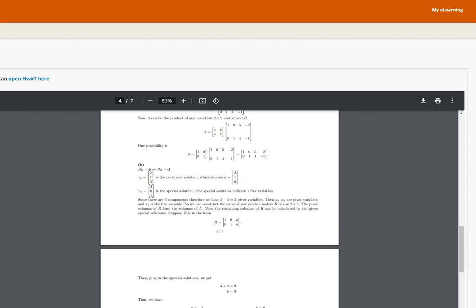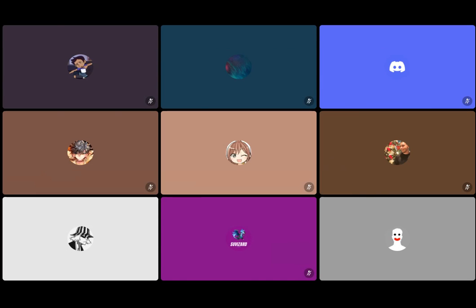Okay, I'm trying to see what I did for problem 3B on the homework. Yeah, it's fairly straightforward. I can share my solution to 3B.